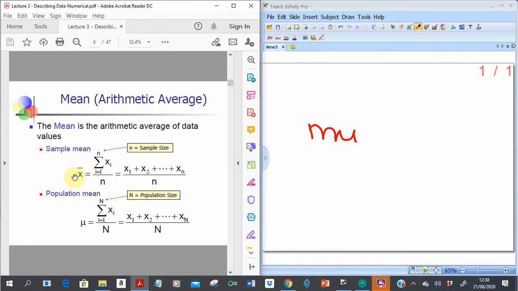Wherever you see x bar, you're talking about the sample mean, and where you see mu, you're talking about the population mean. This illustrates the values that you would have, x1, x2 up to xn, which is just the last value, and you divide by n, similar to the population mean.